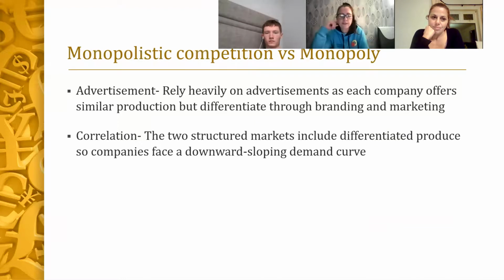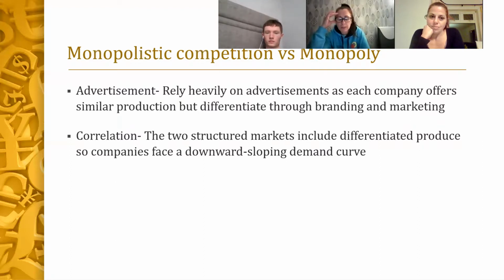Advertisement: industries where there is monopolistic competition rely heavily on advertisements, as each company offers similar products but differentiates through branding and marketing.